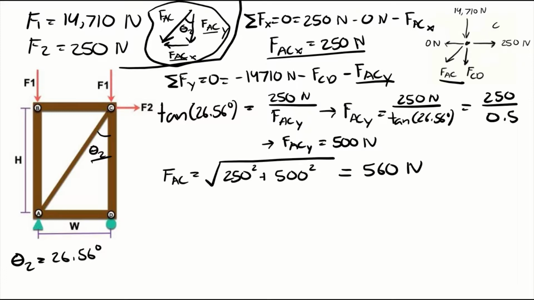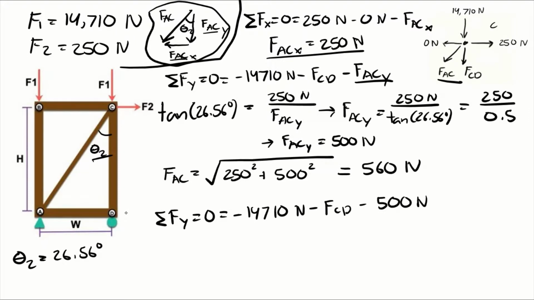Finally, going back to our summing of forces in the Y to get our F sub CD, we now know our component force F sub ACY. So sum of forces in the Y equals 0 equals negative 14710 newtons minus F sub CD minus 500 newtons.